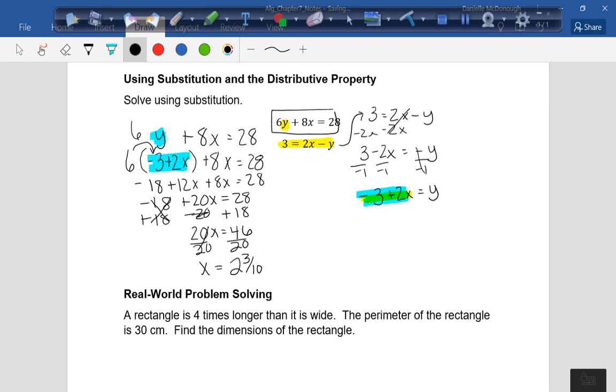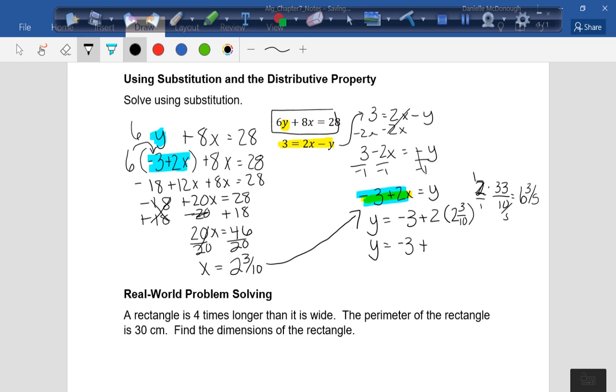From here, I want to go back and substitute this in. I can actually substitute it into this equation right here where it's already solved for y. So y is equal to negative 3 plus 2 times 2 and 3/10. So y is equal to negative 3 plus, if I do 2 times 33 over 10 and cross cancel, that's going to equal 6 and 3/5.